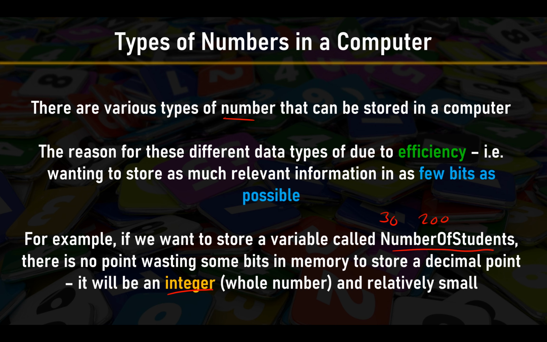We're also going to want to think about whether this should be an integer, or a real or float, which is a decimal number. Of course, we can't have 1.5 students. We can only have 1, 2, 3, so only integer values, and as mentioned, it's probably going to be relatively small.